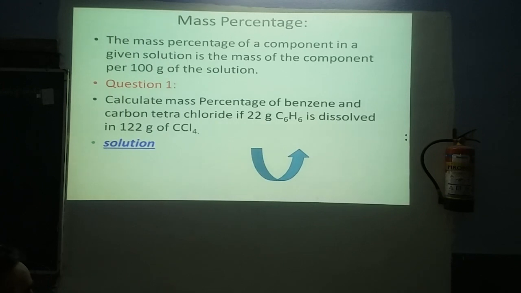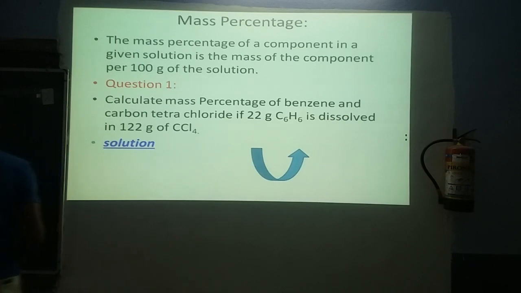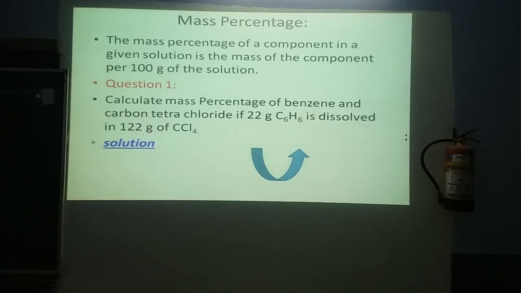What will we have to do? First of all, we will get the mass of solution. How will we get the mass of solution? When we add the mass of carbon tetrachloride and the mass of benzene, then we will get the mass of solution.